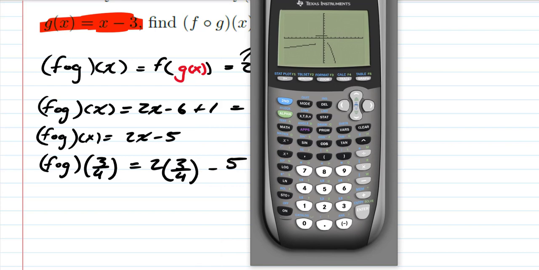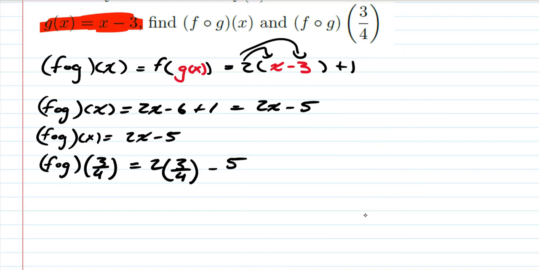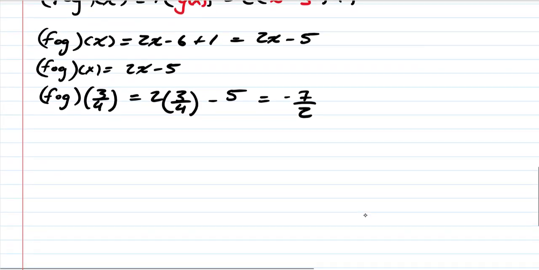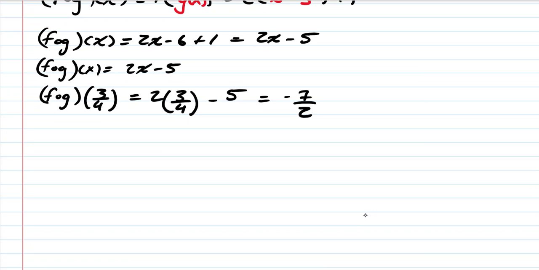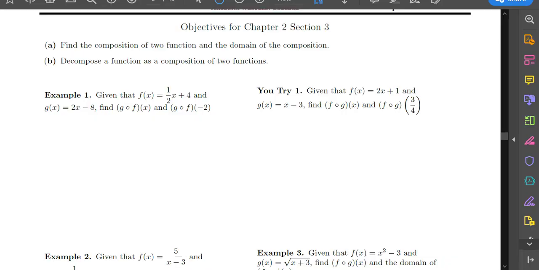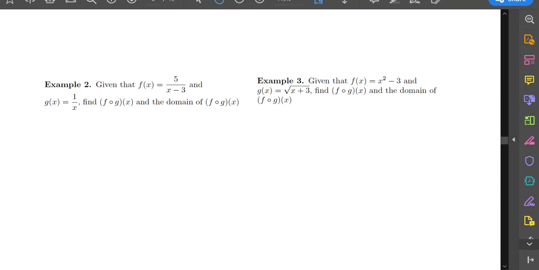So we have 2 times 3/4, take away 5, and we hit enter, and we get negative 7 over 2. So f circle g of 3/4 would give us negative 7/2. All right, moving on to our next example.